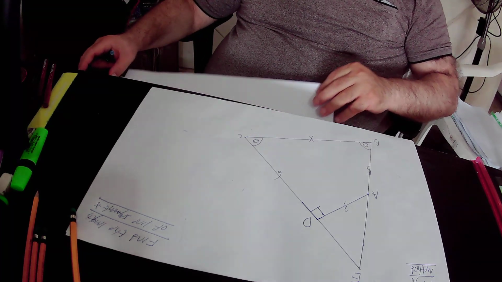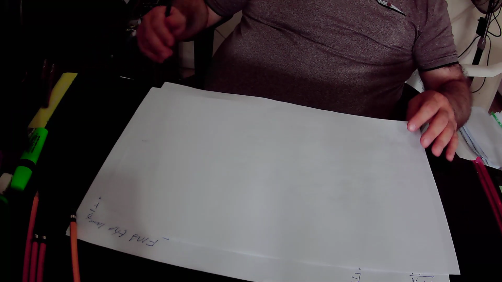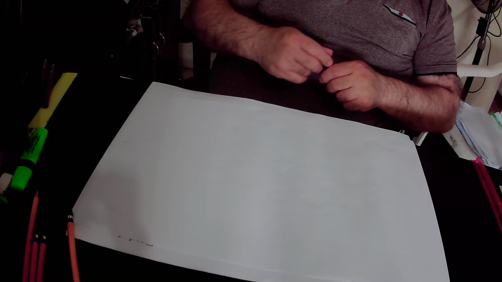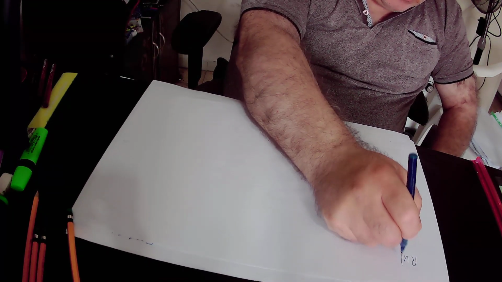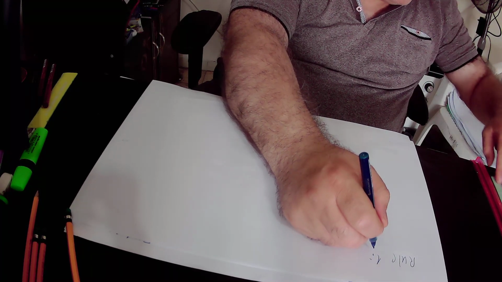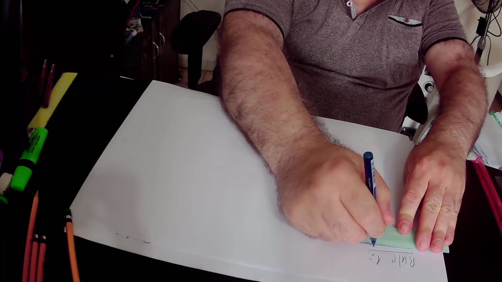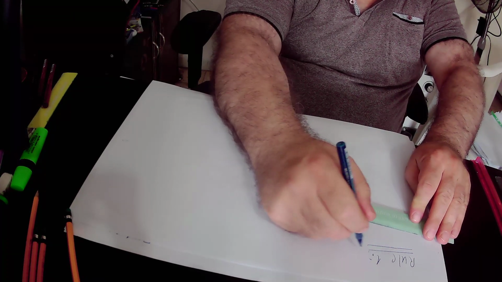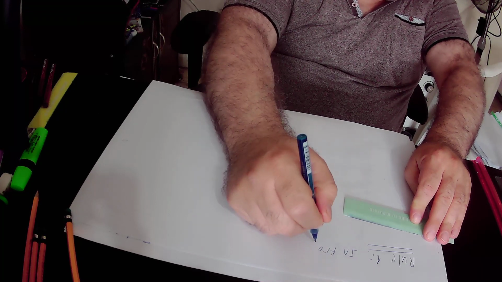So in the next step I will present to you a new rule. This is rule number 1. According to rule number 1, in front of equal angles in the triangle, there are equal sides.